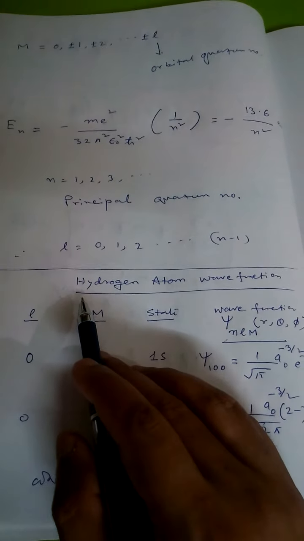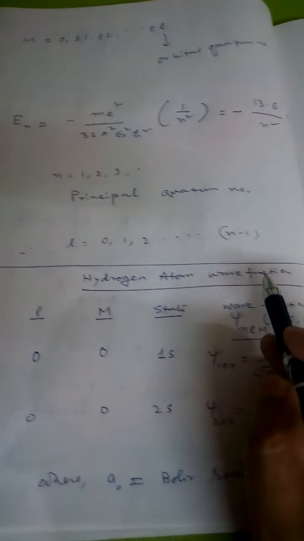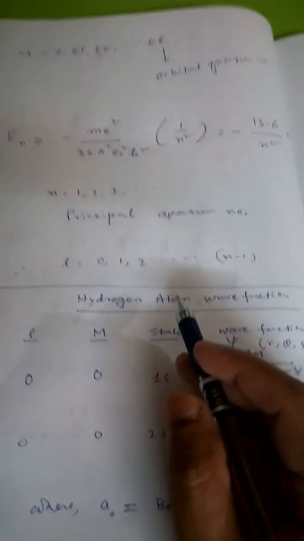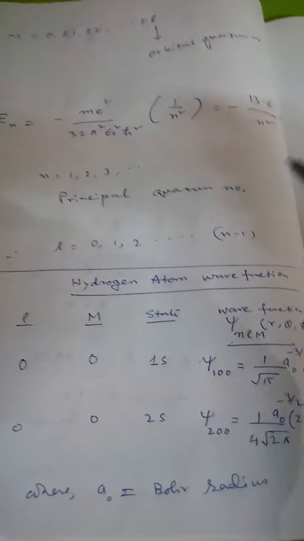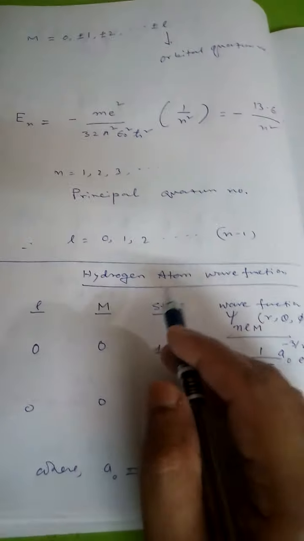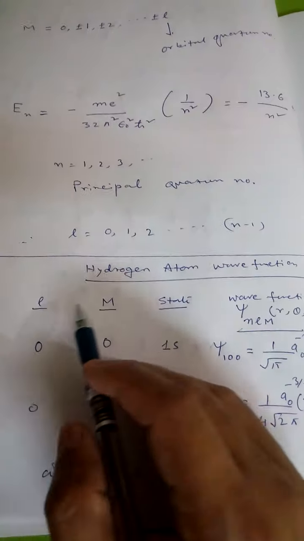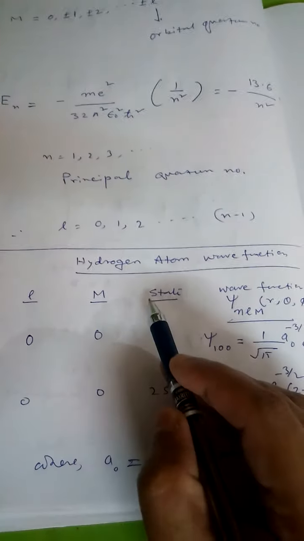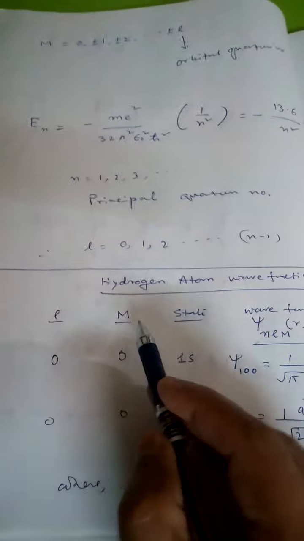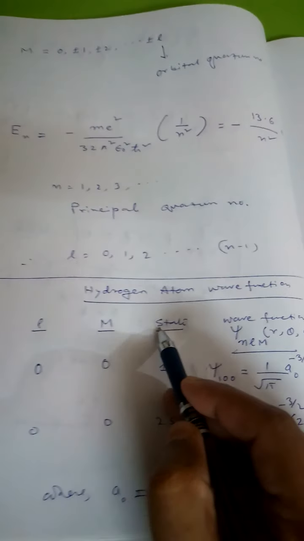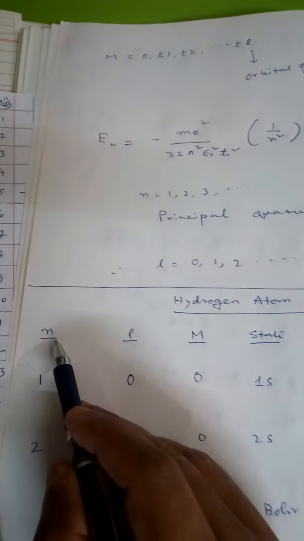So we can summarize this hydrogen atom wave function. We can find out the wave function. I have skipped these steps. Just remember L, m, the orbital quantum number, magnetic quantum number, state, principal quantum number and the wave function.